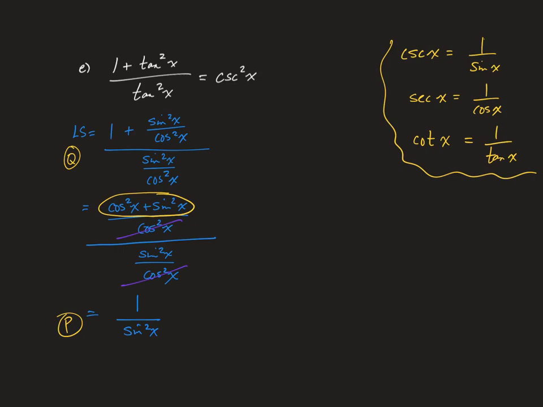That 1 over sine squared is a version of our cosecant ratio. And so we could then jump straight to, that then is cosecant squared, and my left side equals my right side. A bunch of people would have begun the problem by writing the right side as 1 over sine squared, using that reciprocal ratio right off the bat.